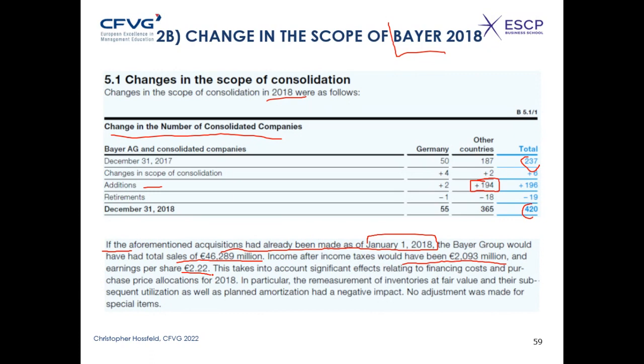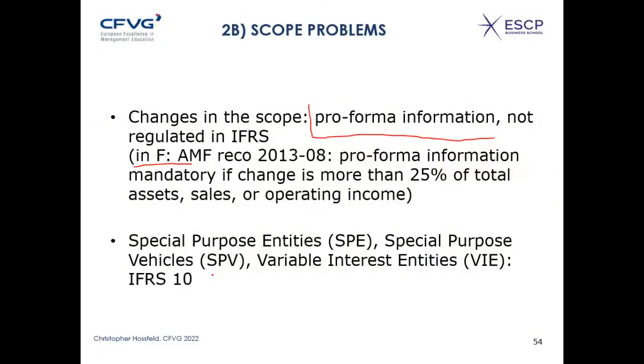Okay, very nice questions on this pro forma reporting. One issue in terms of scope, and this issue arises when we have big changes in the scope. Obviously, small changes like buying or selling one company in my group is not really a big deal, and does not require pro forma information. No questions here.